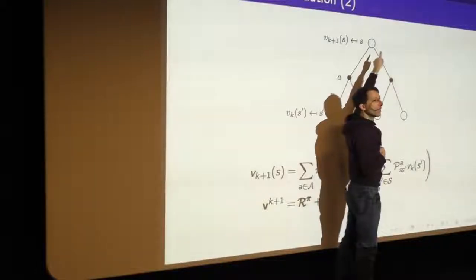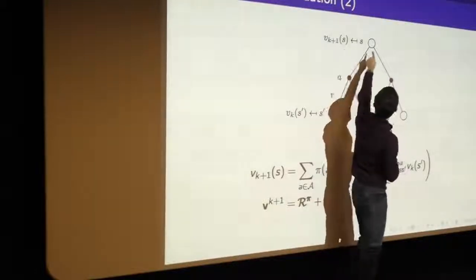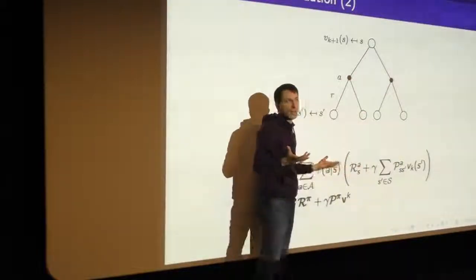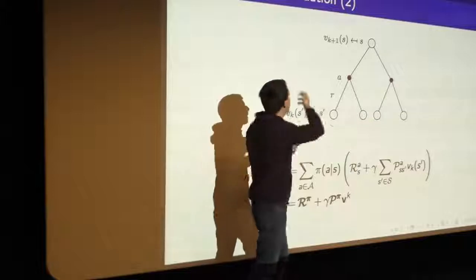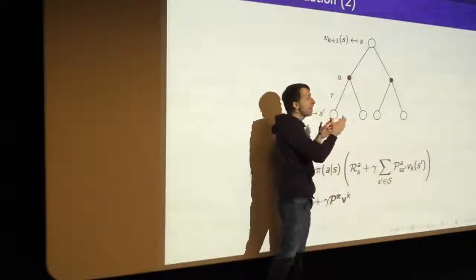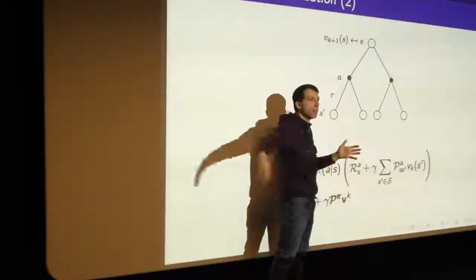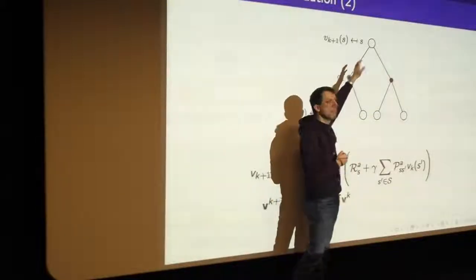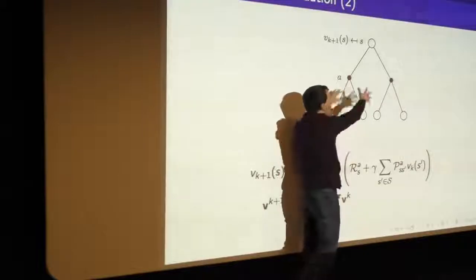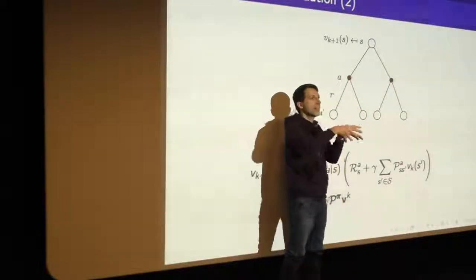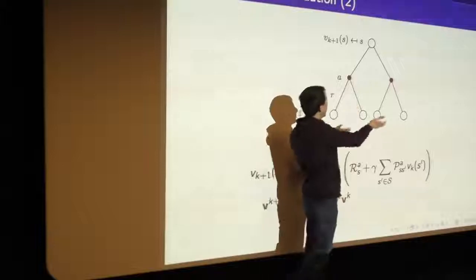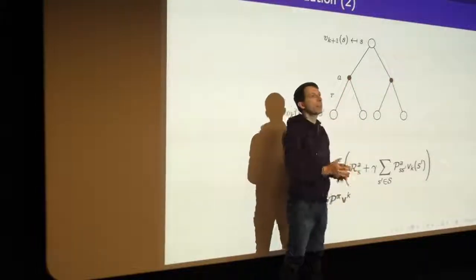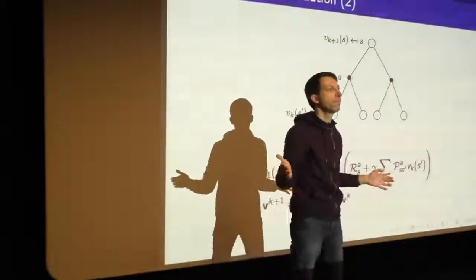So we figure out vk plus 1 by doing a one-step look ahead, looking up values from our last value function. We do this for every single state. In our synchronous sweep of dynamic programming, every single state gets a turn at being the root, so they all get one of these updates. We do this for every state in the MDP, figure out the new value of that state at the next iteration, and that gives us a complete new value function.